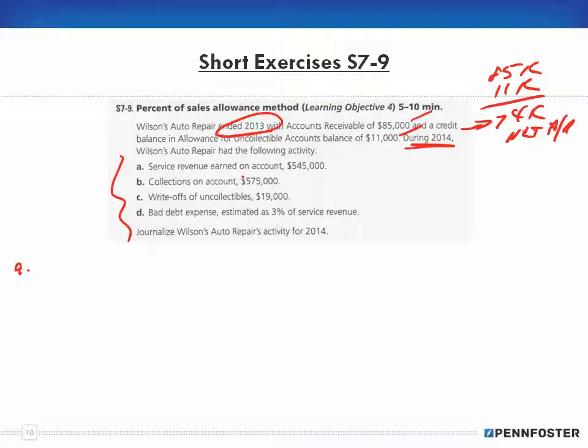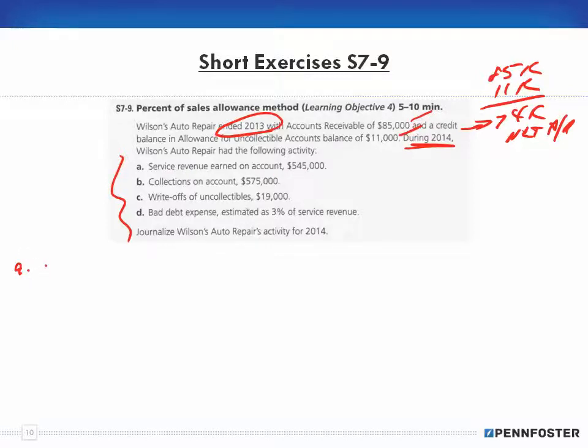Right, so service revenue earned on account for 545,000. So the first question I'm asking myself is, am I affecting cash? And because, no, I'm not affecting cash because it's on account. So the second question I ask is, am I affecting accounts receivable or accounts payable? Yes, because it's on account. Right. So I'm earning on account 545.